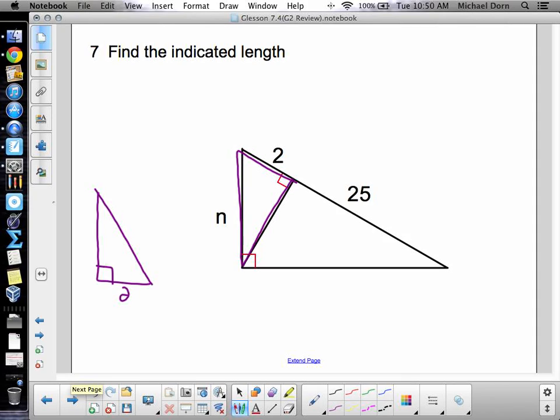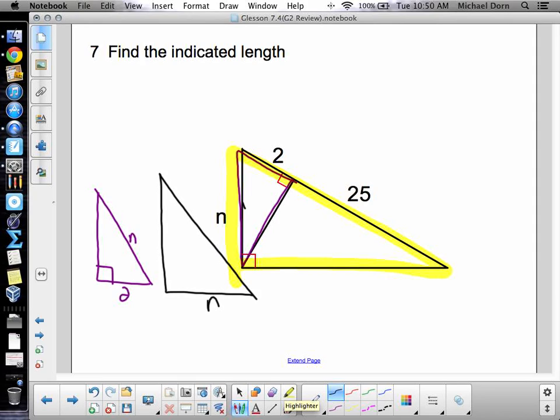N is across from the right angle, so that's the hypotenuse, that's N. And then the large outer triangle is the second one. In the large outer triangle, this is the short leg, N. The hypotenuse is across from the right angle, that's 27. And I don't know the long leg, but that's what we need.